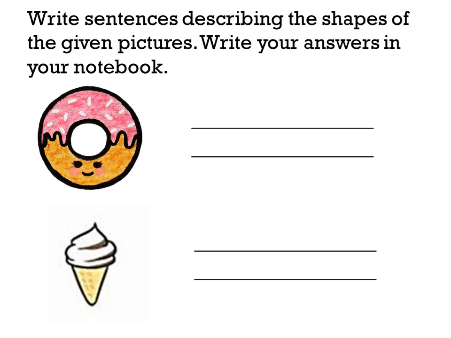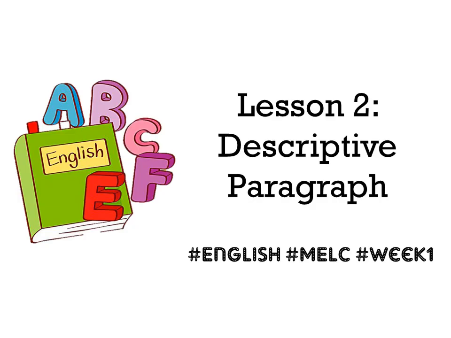Example, the shape of the donut is blank. And number 2, the shape of the ice cream is blank. If you're not yet done answering this, you need to click the pause button. If you're done, click the play button.